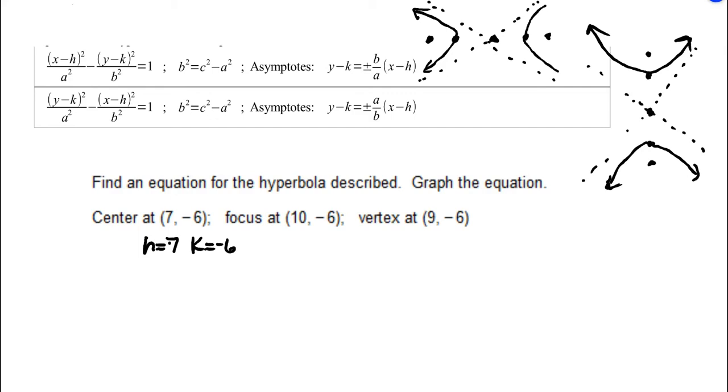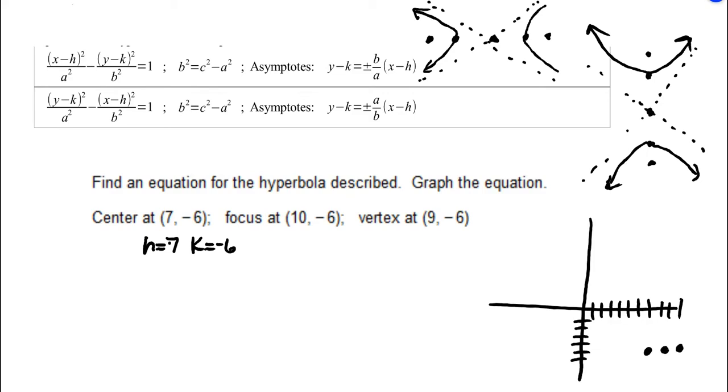So if I start to sketch this, and I'll do a better sketch in a moment, (7, -6) would be the center. At (10, -6) we have a focus, and at (9, -6) we have a vertex.